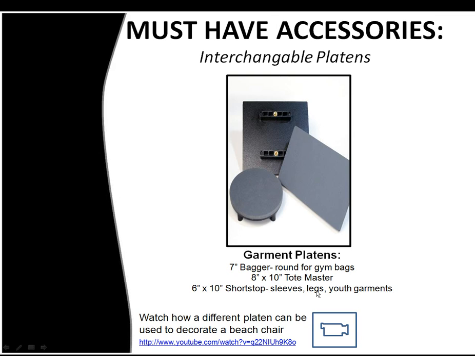The shortstop is great for sleeves, legs, and youth garments. Your tote master fits perfectly inside those tote bags with the various handles. You want to isolate those handles so that, A, in some instances you don't melt them because of the fabric they're made of, and B, you don't have inaccurate pressure.